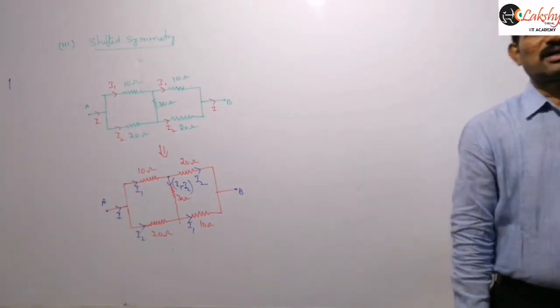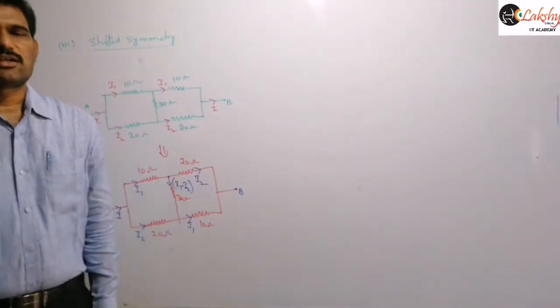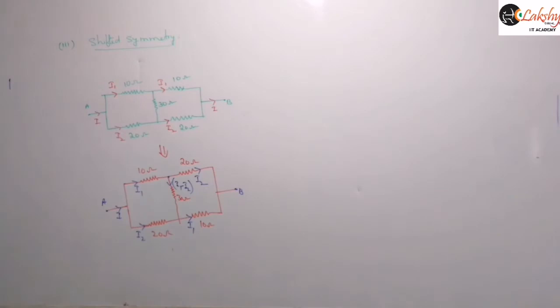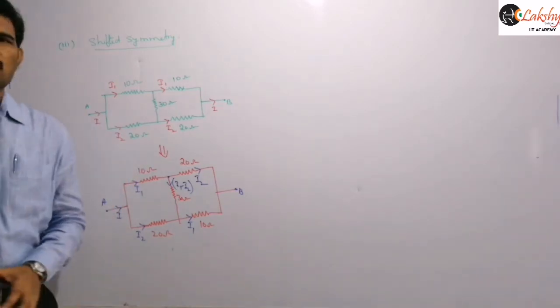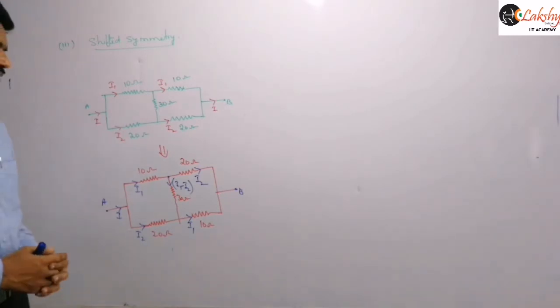Let I1 be the current flowing through the 10 ohm and I2 be the current flowing through the 20 ohm resistors respectively.